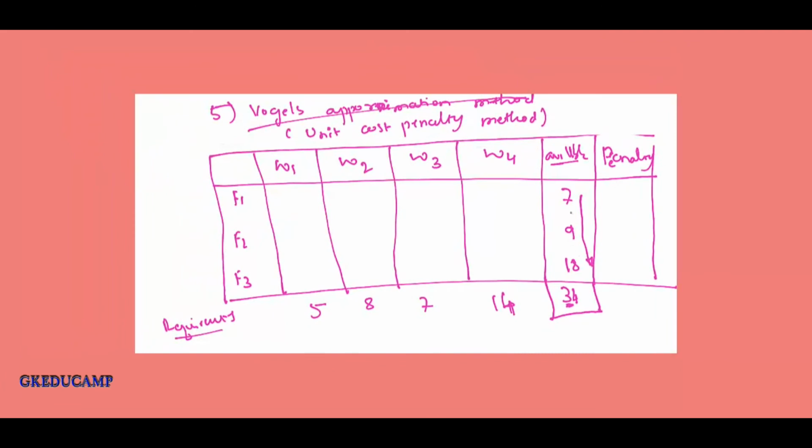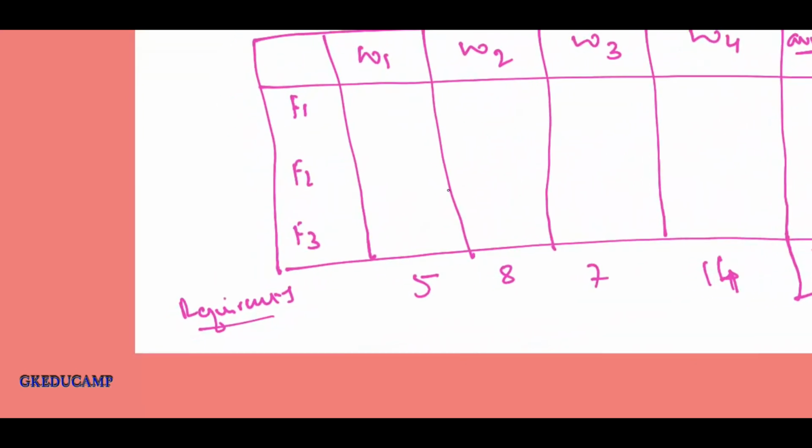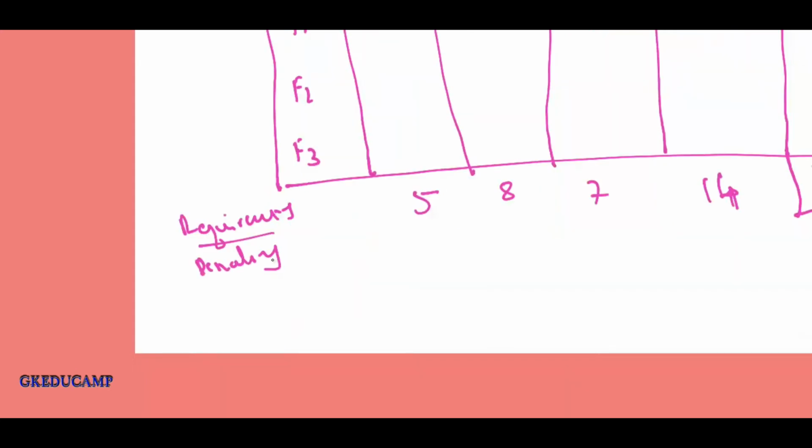This is the first rule in solving a transportation problem in each method, whether row minimum, column minimum or Vogel's approximation method. Here you will write the penalty for rows, and here also for columns.